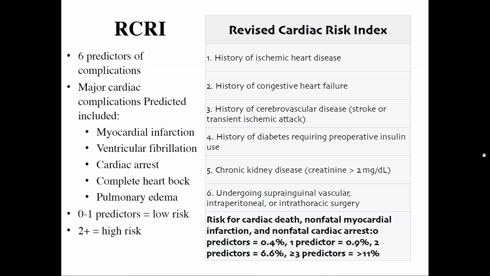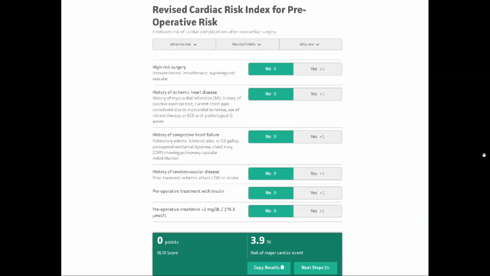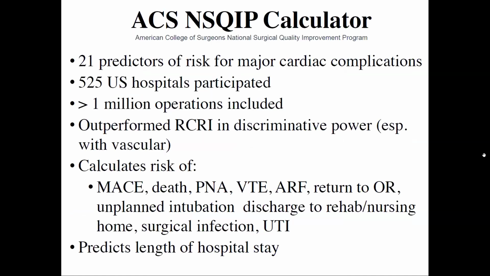And if they have more than one of these, meaning 2 or greater, they're at elevated risk of MACE. So looking at risk modifiers, if someone has history of CHF and creatinine over 2, they're at elevated risk of MACE, and that was that little yellow box there. And that's predicting MACE, which I told you what that is. You can do it online, but obviously you don't need to.